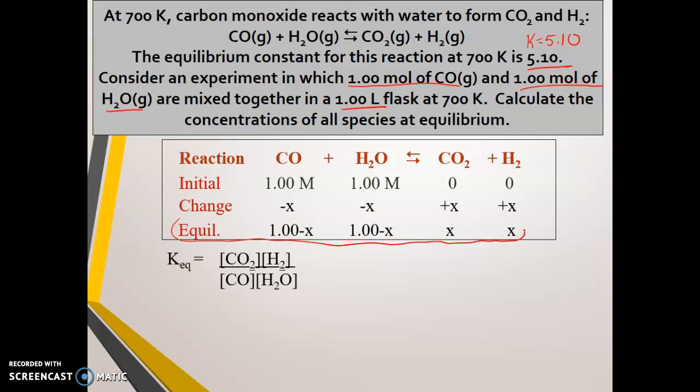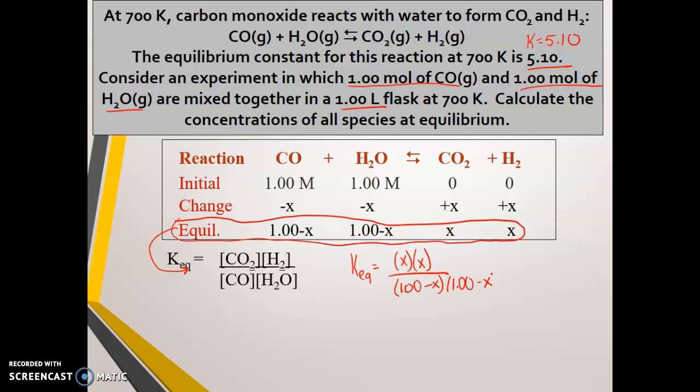I'm going to plug this into the equilibrium expression, and that's where we're going to solve for X. So K equilibrium is equal to X for carbon dioxide, X for hydrogen, divided by carbon monoxide, 1.00 minus X times 1.00 minus X.